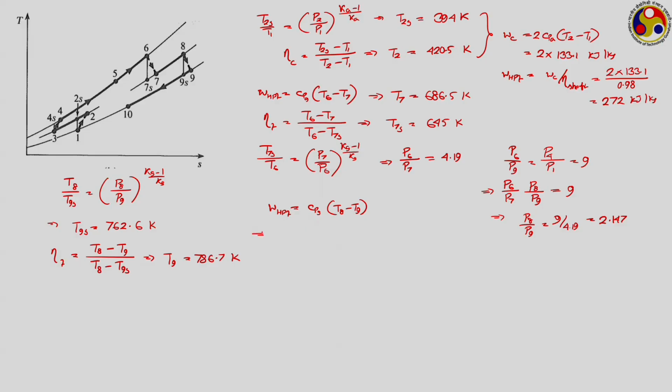So, W net should be equal to W from LP turbine, I have mistakenly written it as HP, so work output that we are getting from the LP turbine plus work produced by the HP turbine minus the compression work. Now, these two are cancelling each other, and this should be multiplied by the shaft efficiency to get the net work output, which is coming to be 153.7.